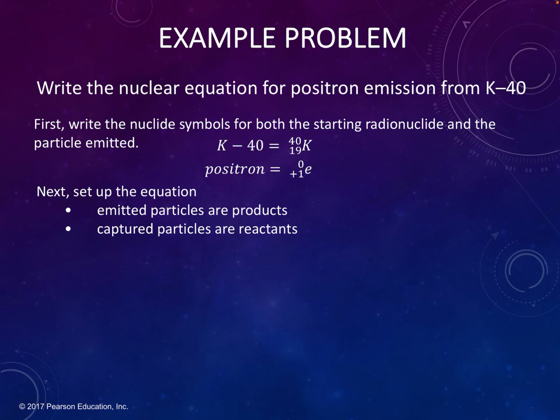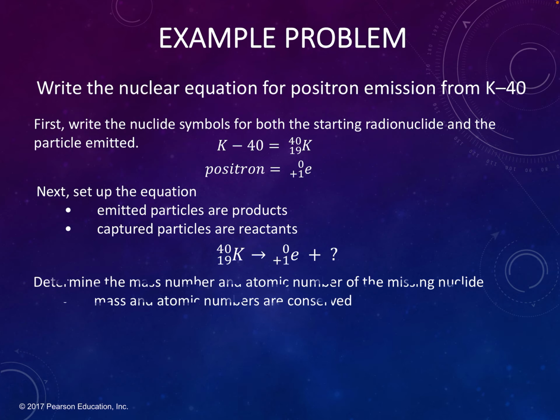And if we have something that's captured, like when we do electron capture, that would be part of the reactants. That's a little bit more unusual. Most times we're just going to emit something. And here we're undergoing positron emission, so our positron will end up on the right-hand side of our equation. So we have our potassium is what we're starting with, and then we're going to emit a positron and something. And we need to figure out what the something is.